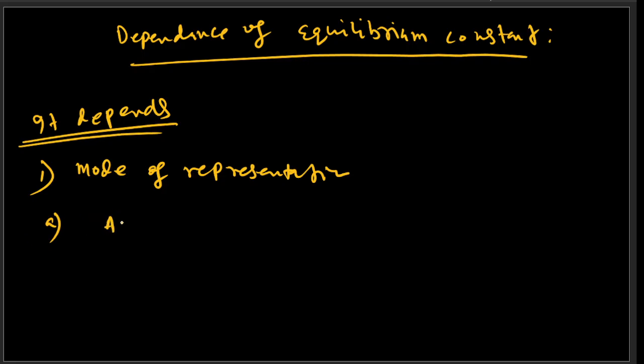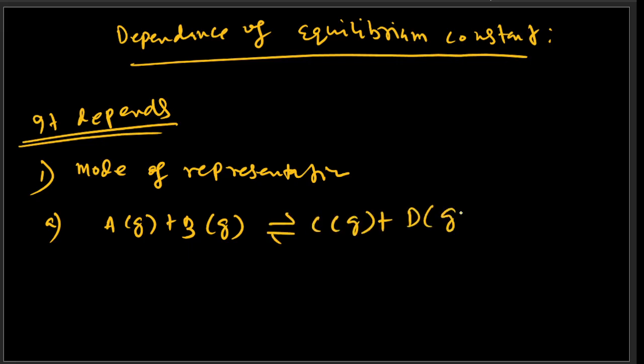Suppose this is A gas plus B gas going to give C gas plus D gas, with equilibrium constant K1.